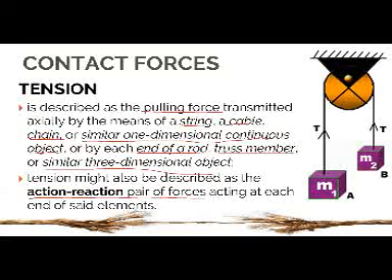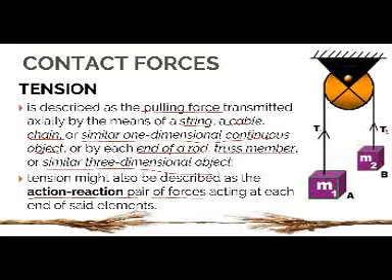For example, in this pulley, we have tail 1 and tail 2. In tail 1, there is an object hung on it, which is object A, and on tail 2, there is also an object hung on it, which is object B. So in object A and object B, there is a pulling force transmitted to the string by the tails.